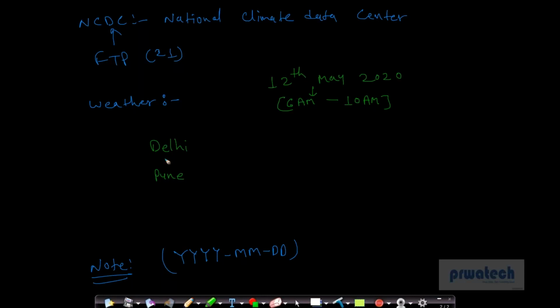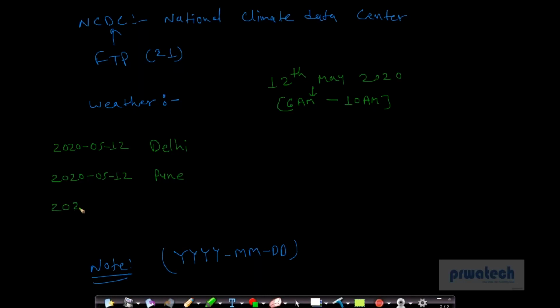So I have Delhi and Pune, and before that, I have the date also. As I said, this date is 12th May 2020. Can I write this as 2020, 05, and 12? And here for the same date, you can have just one variation in the data set.